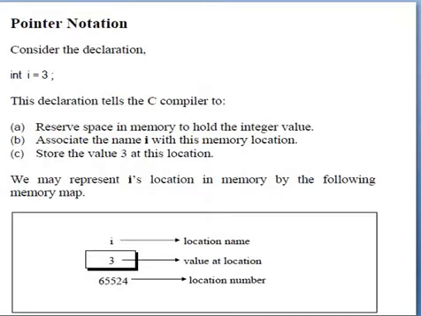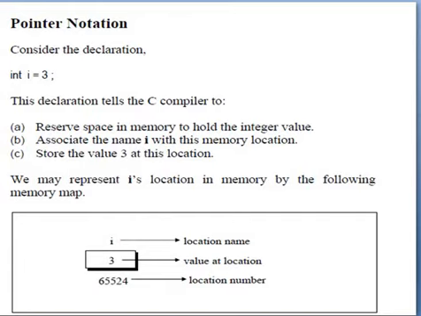Pointer notation. As we know, a variable declaration has the syntax: variable data type followed by variable name along with its value. An example is int i = 3.